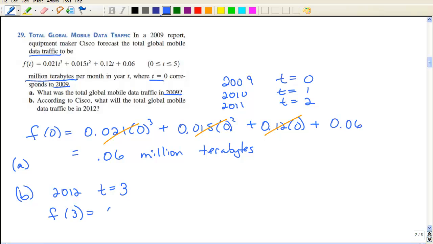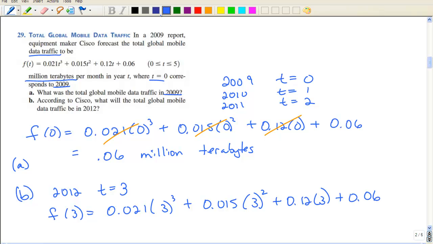So now I want to substitute in 3 every place there is an X. And at this point, definitely reach for a good scientific calculator, crank that out, and I get 1.122, again million terabytes. So this is just showing you that you can have a model that helps you predict things in the future as far as a business is concerned.